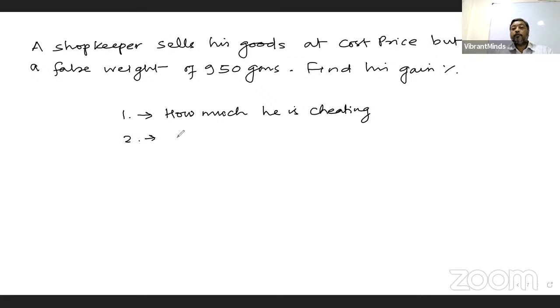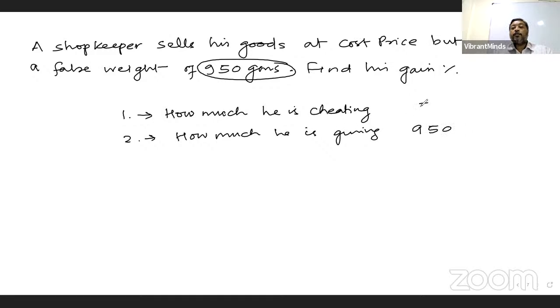And second, how much is he giving? Now see, if he is giving 950 grams, it means he is cheating with 50 grams. He has to give actually 1000 grams. So the formula is 50 by 950 into 100.